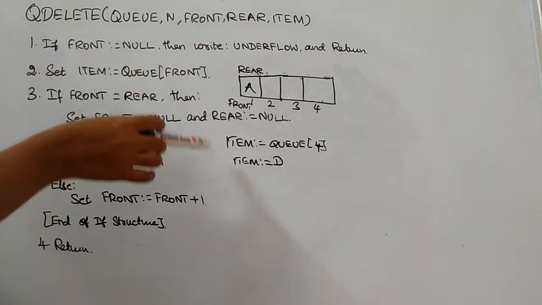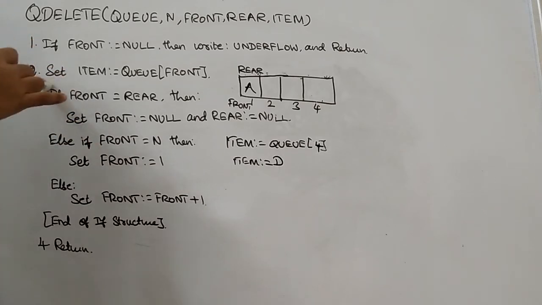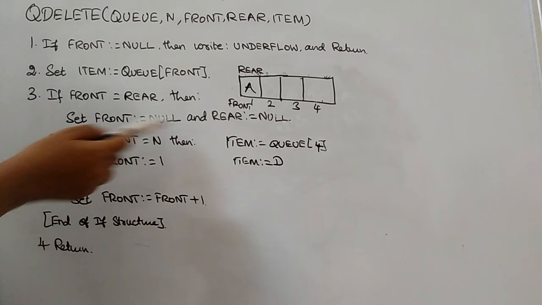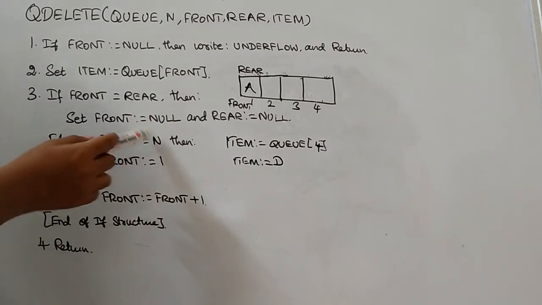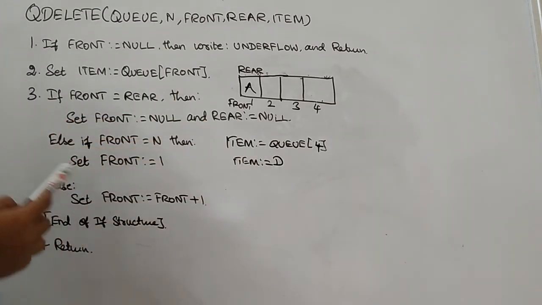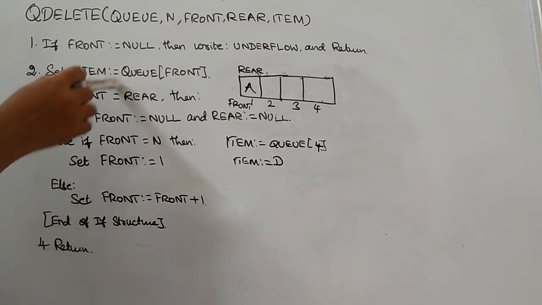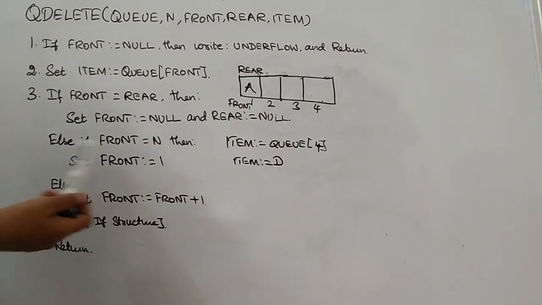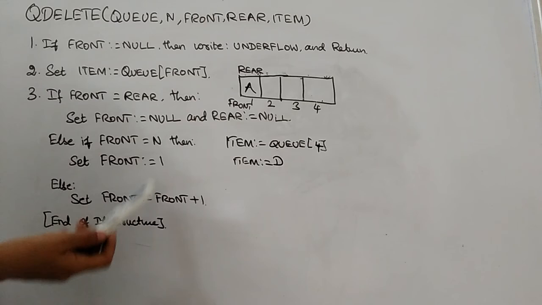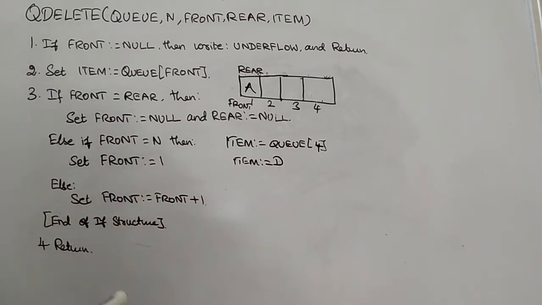So this is the case. We have seen the representations for all three cases. One is when front is equal to rear, the next is when front is equal to n, and the next is if both these conditions fail, then automatically the else part gets executed. There we increment the value of front by 1.